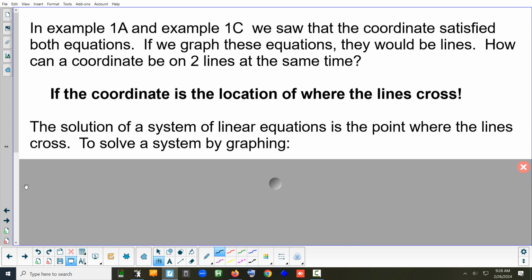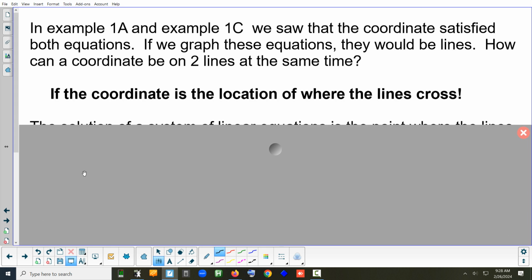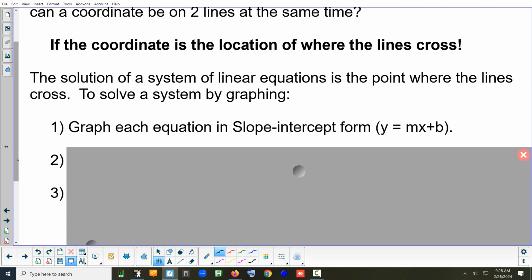Okay. So how do we solve a system by graphing? There's going to be 3 steps. On your guided notes, where it says step 1, the first thing you want to write in is: graph each equation in slope-intercept form. So if they give you an equation that's not y equals mx plus b, you need to fix it.